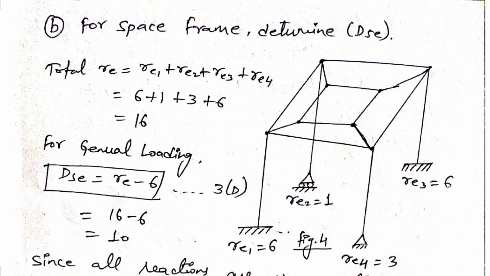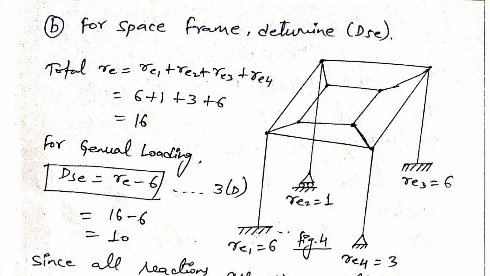And for the hinge support the Re value is 3, that is Rx, Ry, and Rz. So three reactions, in the x direction, y direction, and z direction. So at the hinge support of a 3D space frame we have three reactions, and for the roller support we have only one reaction.